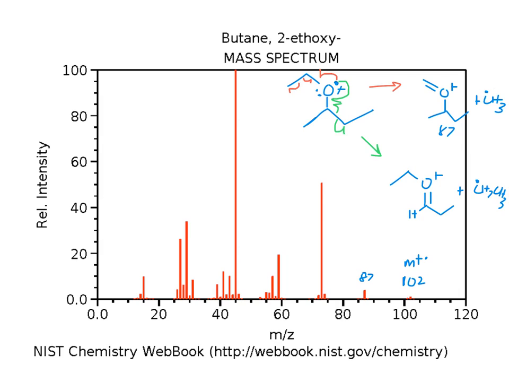Right, so this should be minus 29, and so that's going to get us to 73. Right, minus 29.